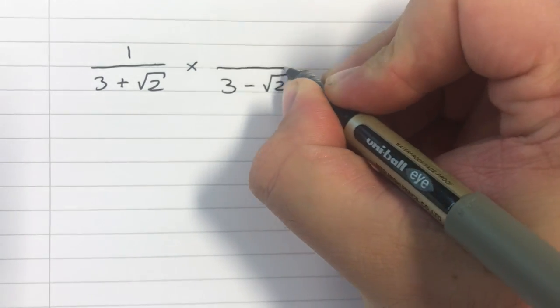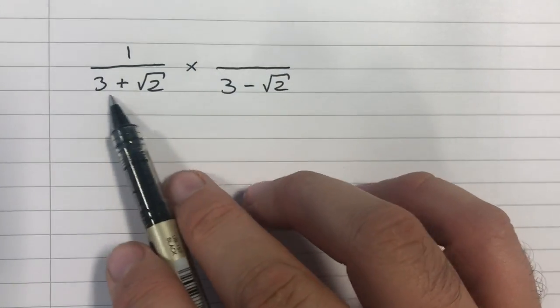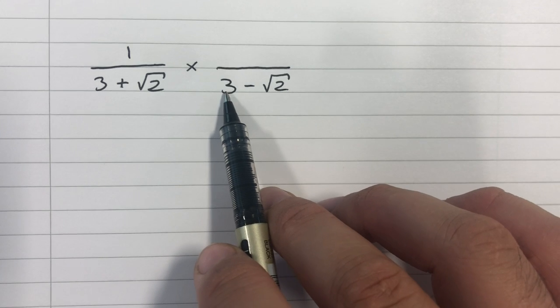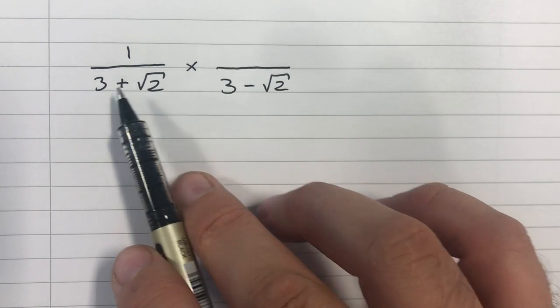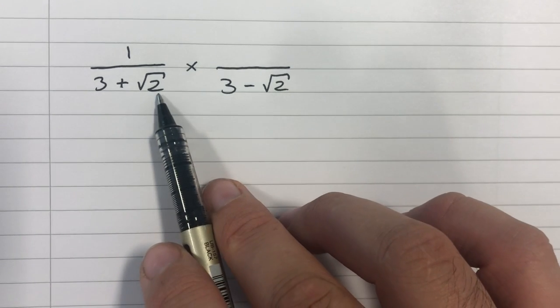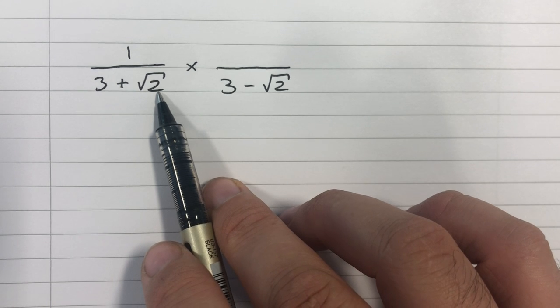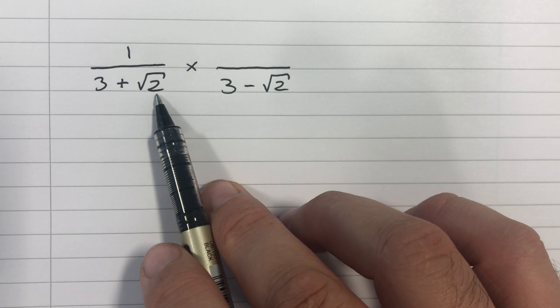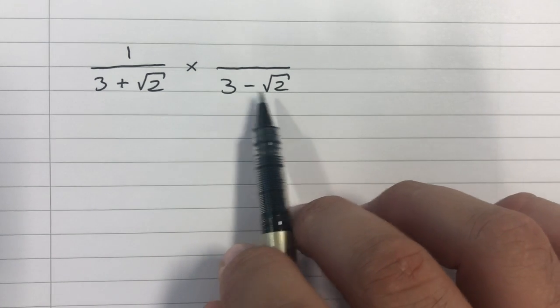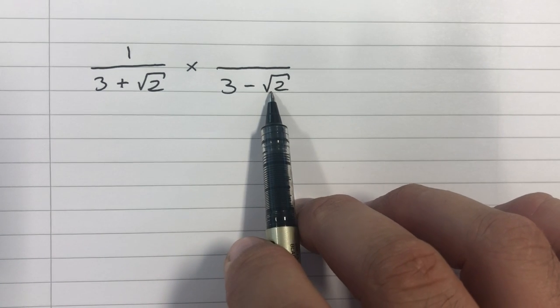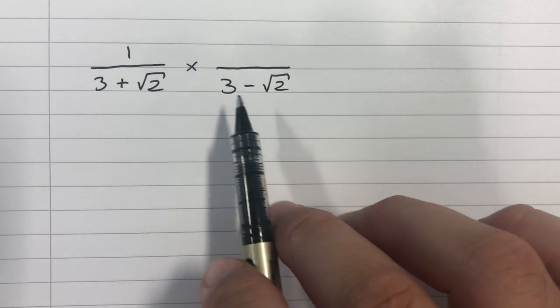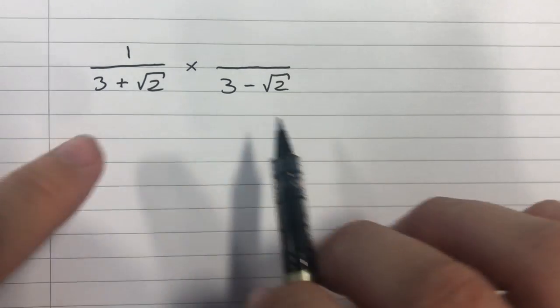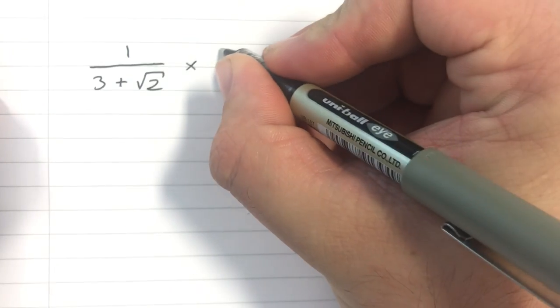It's a very clever technique, because in multiplying this by this, we're going to end up with 3 times 3, which is rational, minus root 2 times root 2, which would be rational. 3 times root 2 is irrational, but we would subtract the 3 times root 2, which is also irrational, but they would cancel out. And therefore, we're left with a nice rational number on the bottom.